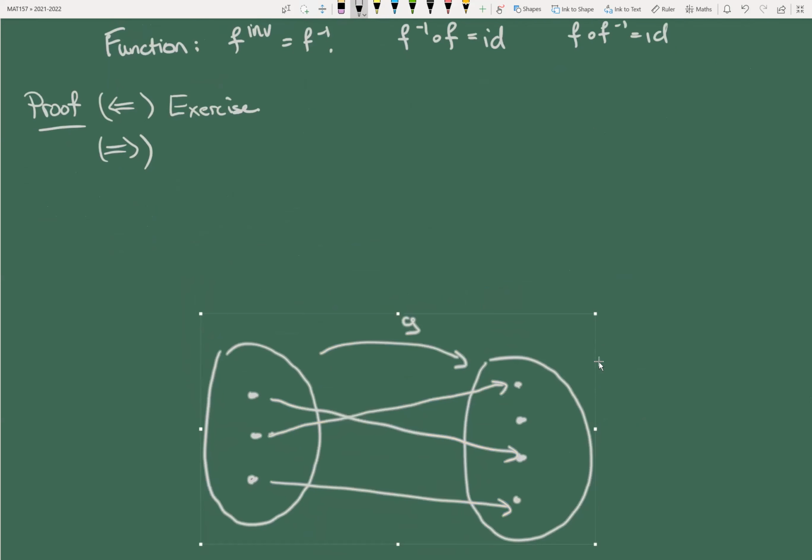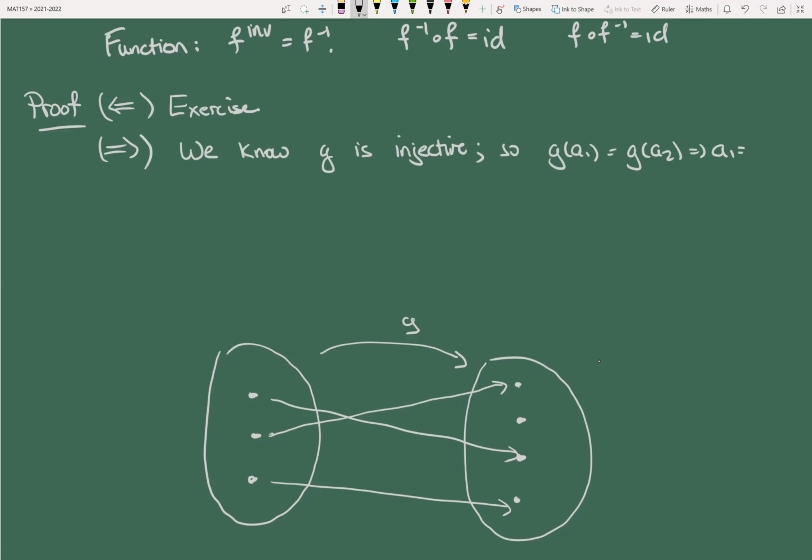So we know that G is injective, right? So G of A1 equals G of A2 implies A1 equals A2.